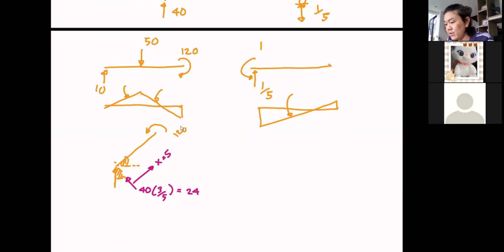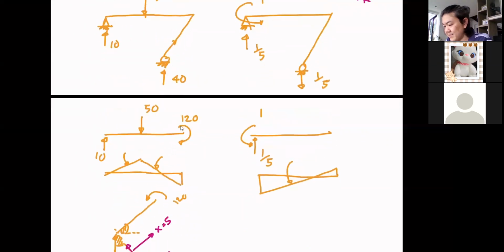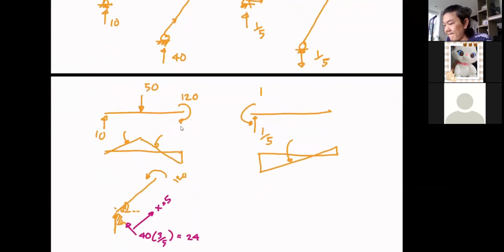Okay, and we can do the same for this. That's 1/5 multiplied by 8. So it's 1.6 minus 1. So the moment here is 0.6. Okay, so if that's 0.6 going counterclockwise, so this is clockwise, 0.6.